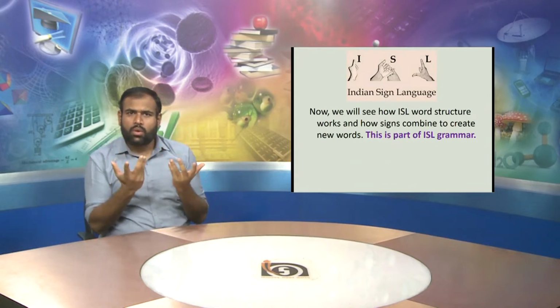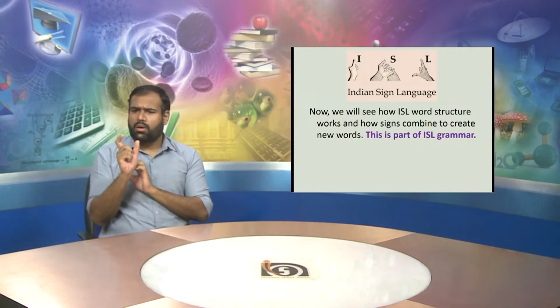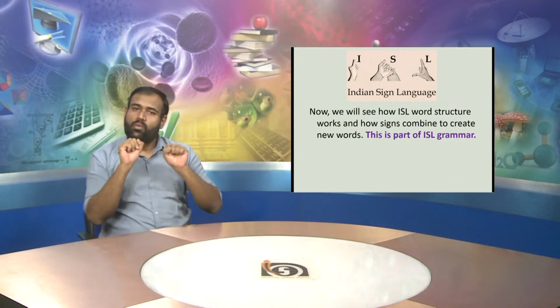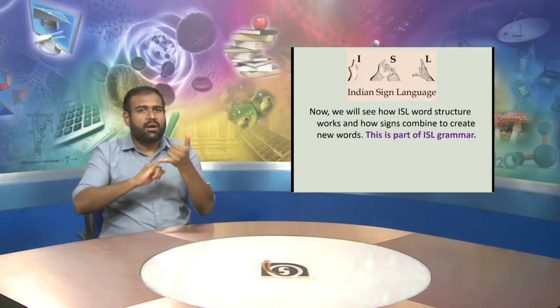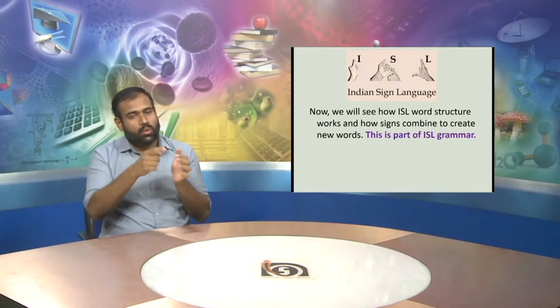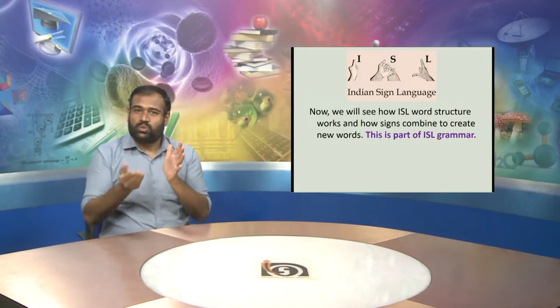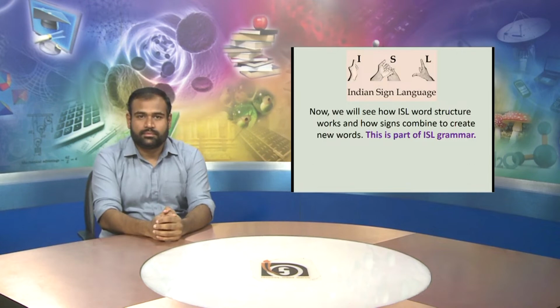Now you can see that ISL, Indian Sign Language. We will see how ISL word structure works and how signs combine together to create a new word. This is the grammar of ISL and that is used a lot.